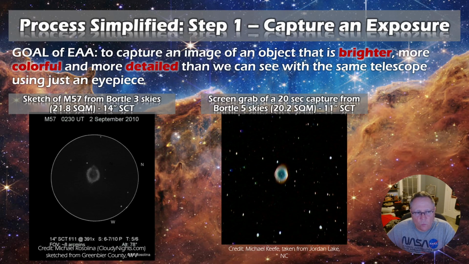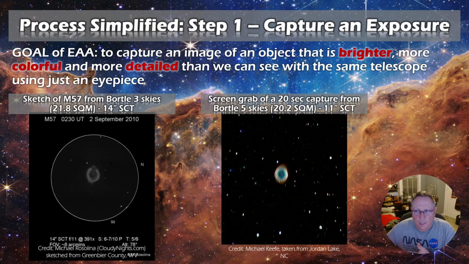Now, if you saw part 1, the video in this EAA series called What is EAA, then you might recall this comparison of the Ring Nebula M57 with a sketch through a 14-inch SCT from a dark sky being compared to, on the right-hand side, a smaller 11-inch telescope from a suburban site, and that 20-second snapshot using a CCD camera.